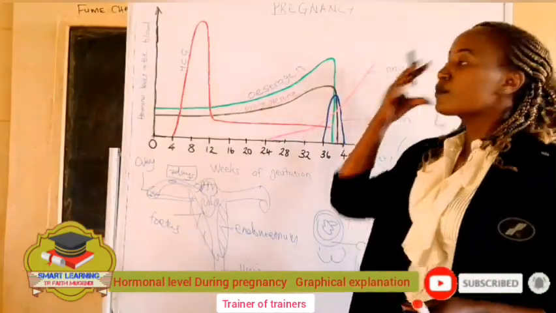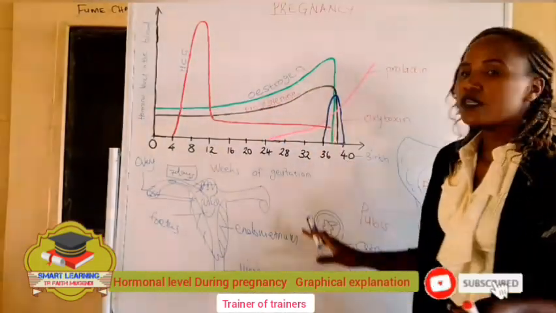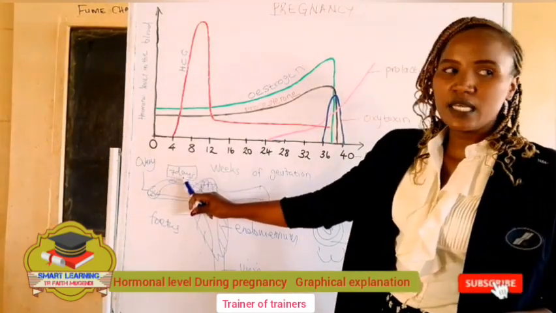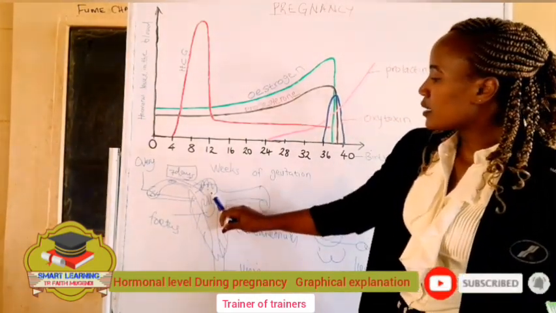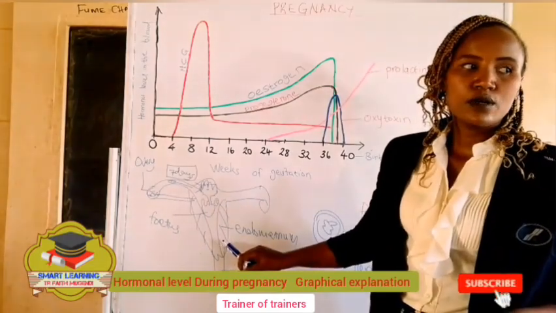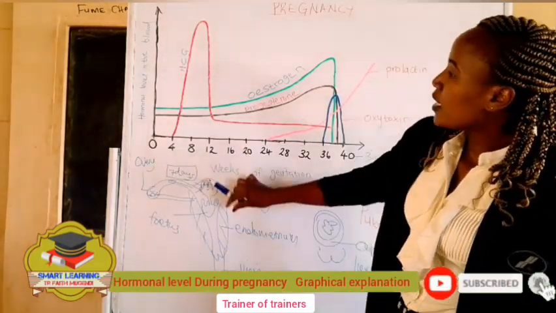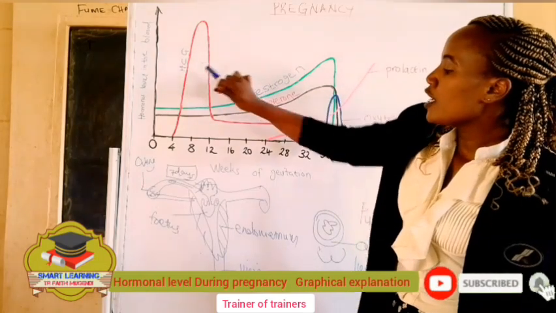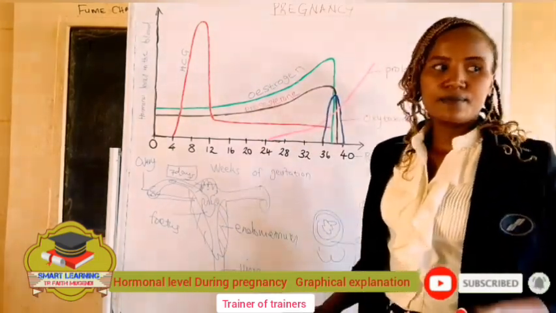Okay, now looking at the diagram, we have seen that it will take 7 days before the placenta is formed. All right? And the human chorionic gonadotrophic hormone is produced by the placenta.